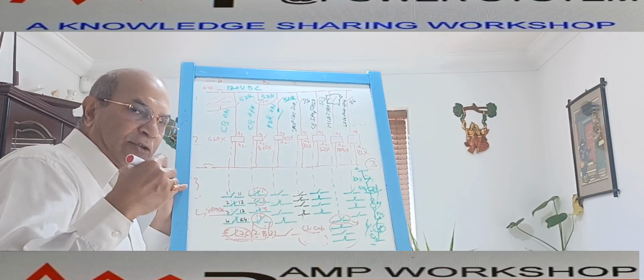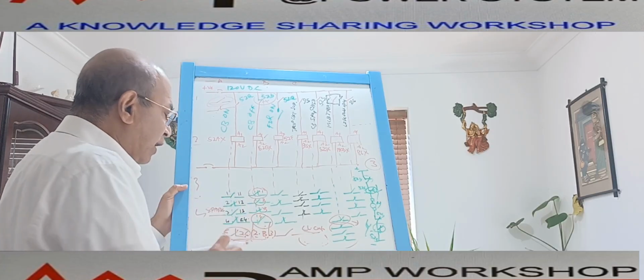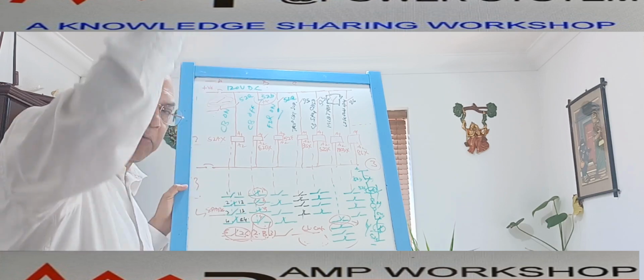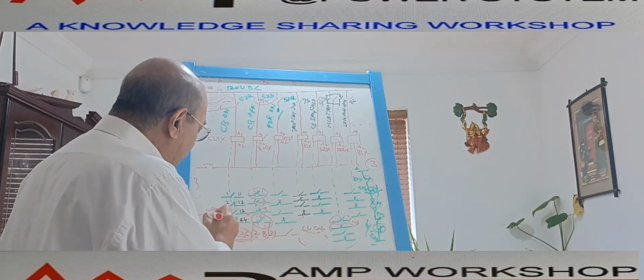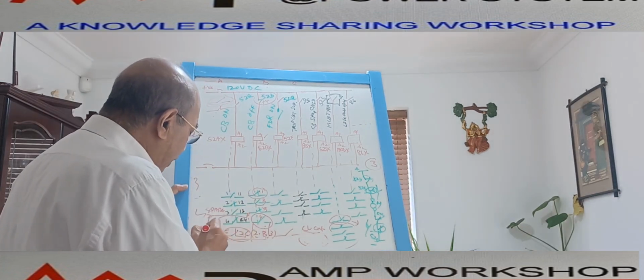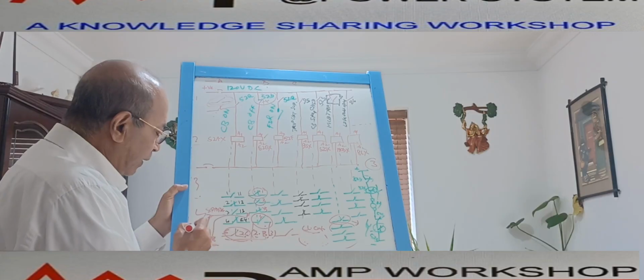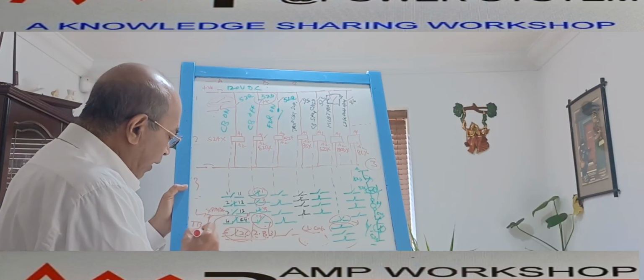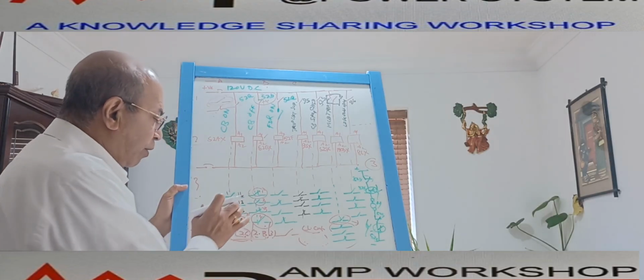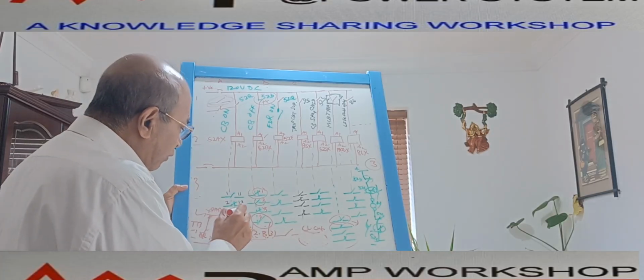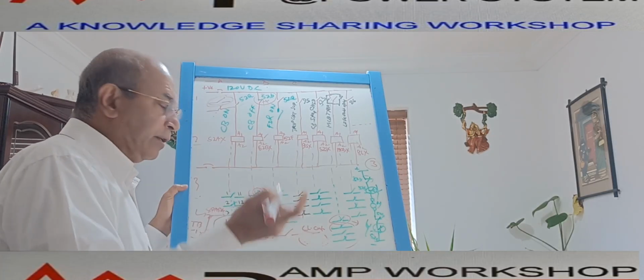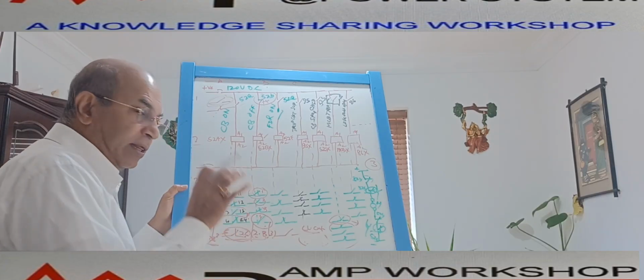If the customer asks that all the auxiliary contacts be wired up to the terminal block, then it should be taken to the terminal block and terminated to some terminal. That also we mention over here. Suppose it is connected to TB 1 and 3, we write down TB 1 and 3. So from this drawing we can make out this contact is available for future use, and it has not been left free in the relay body.